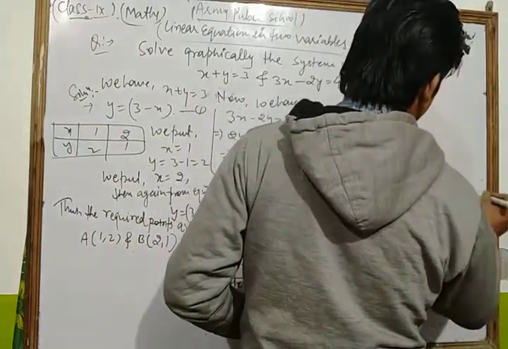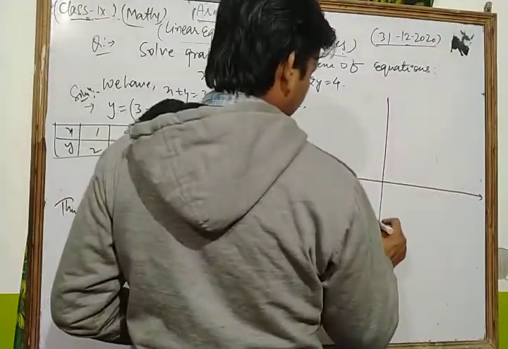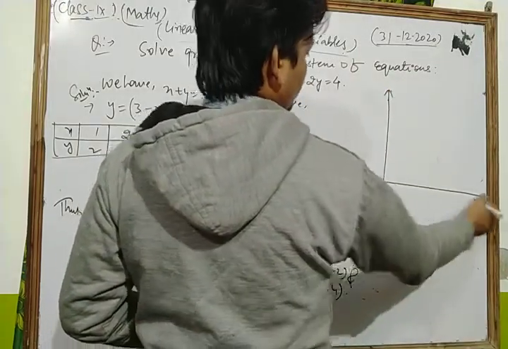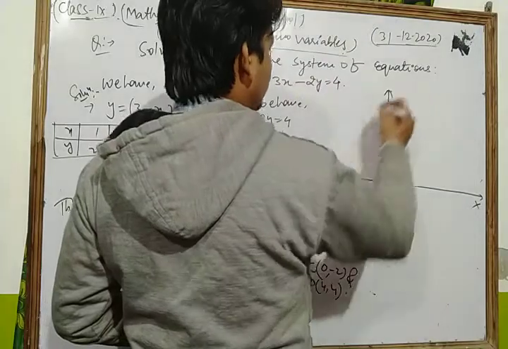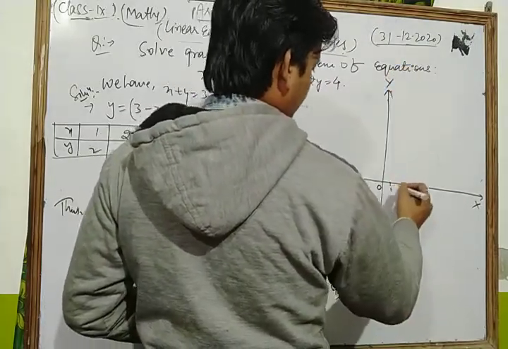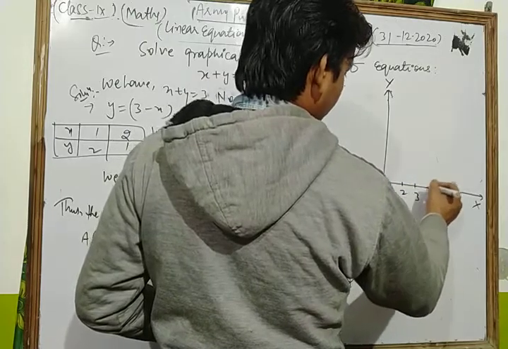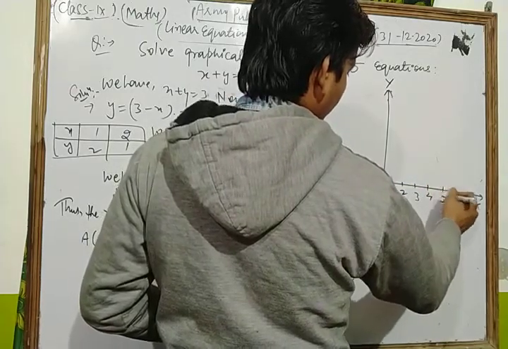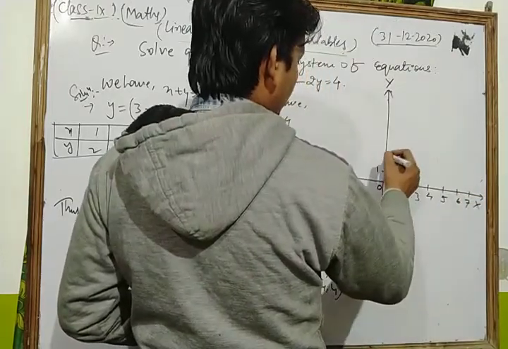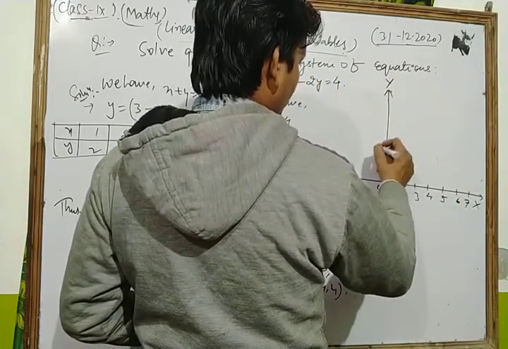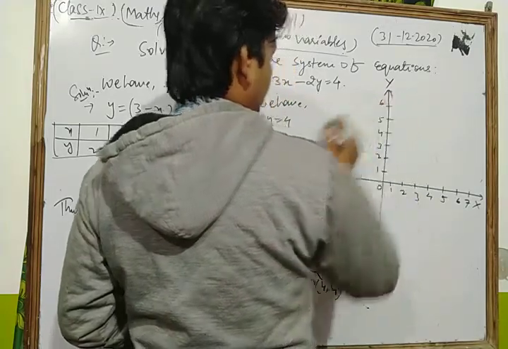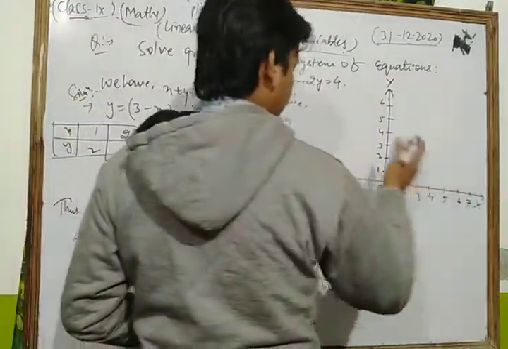First of all, in this way, we plot two mutually perpendicular lines, with the origin O. This is x, this is x dash, this is y, this is y dash. This is plus 1, plus 2, plus 3, plus 4, plus 5, plus 6, plus 7. This is positive of x, this is positive of y.